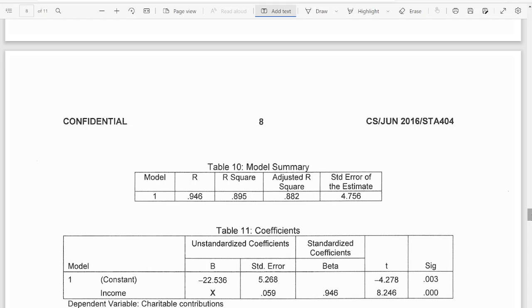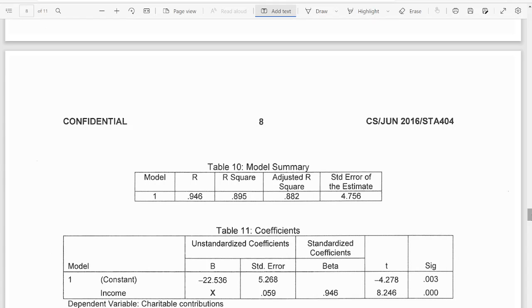Sometimes we call this the exogenous variable, or sometimes the input variables, ataupun explanatory variables. So boleh juga. All these are the names used for referring to independent variable.